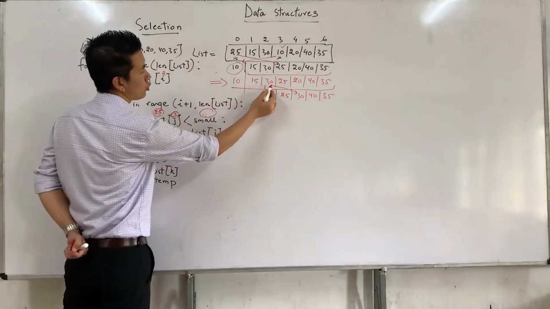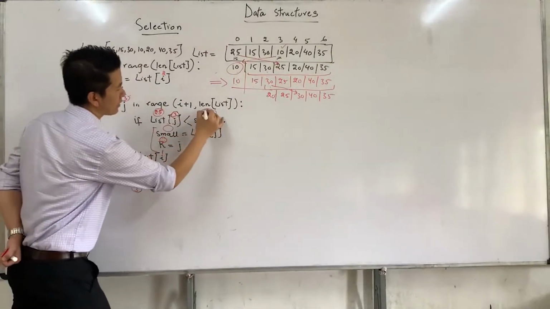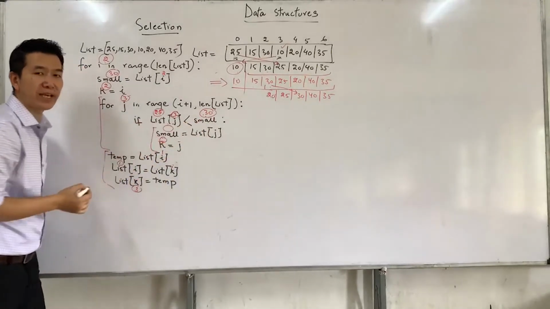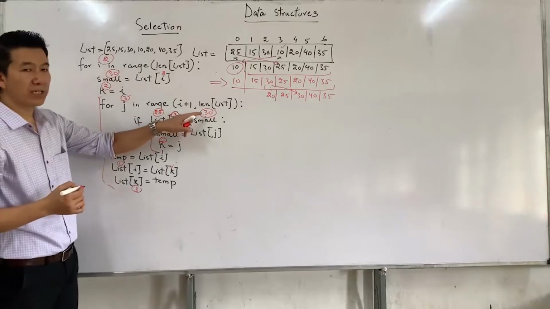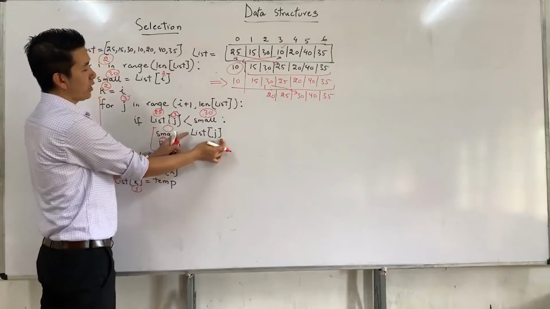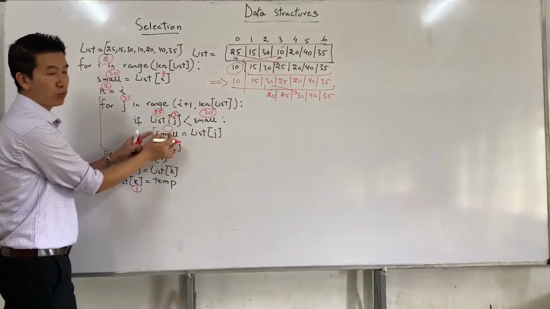So 0, 1, 2, 3. You're pointing to 25. The value of small is 30. 25 is less than 30, so the condition is true, which means the list of J, or the list of 3, or 25, will now replace the value of small, which was 30.